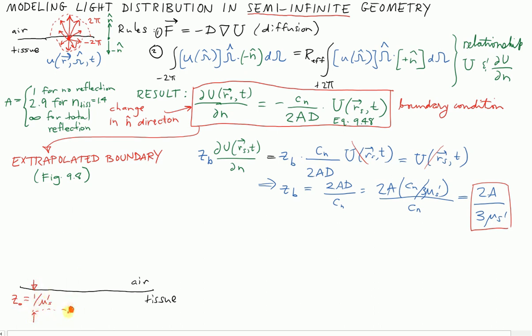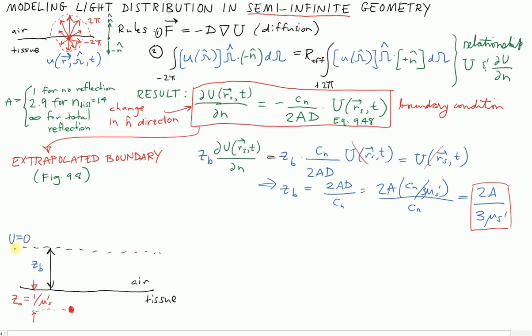Now I can calculate using my infinite geometry solution what energy density would be caused if this were in an infinite tissue, but it's not in an infinite tissue. We have a boundary condition. And the boundary condition is that it's some other height up here, this height, which is what we've called Z sub b, where we need the energy distribution U to equal 0.